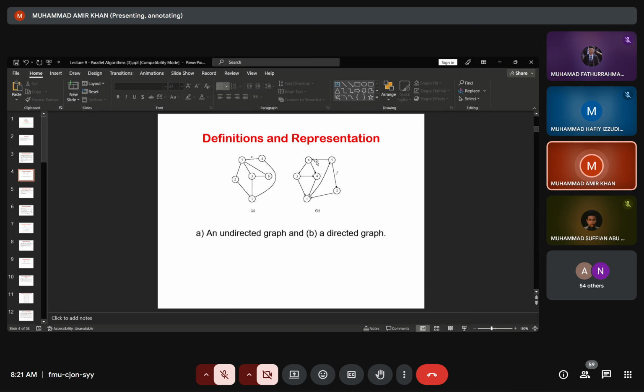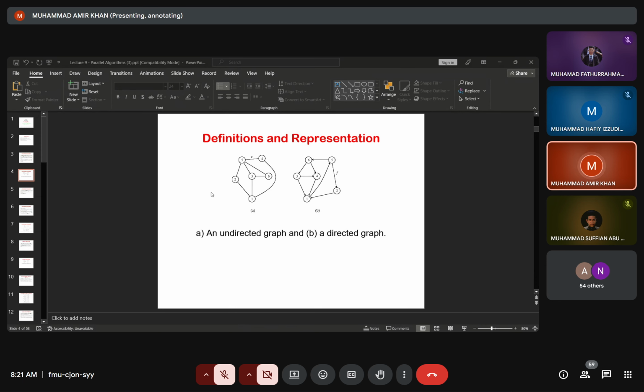You can see here, the directed graph has direction. There is an arrow, and in the undirected graph there is no arrow, no direction. This is the main difference. One has direction and the other has no direction.